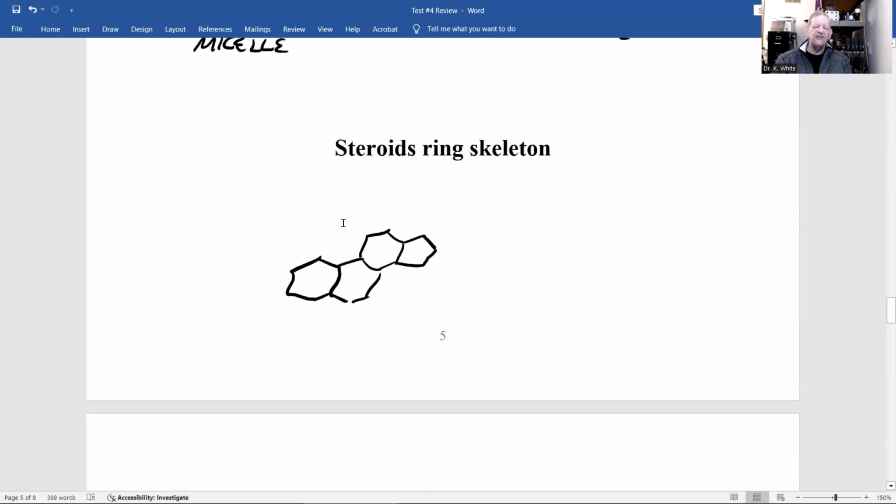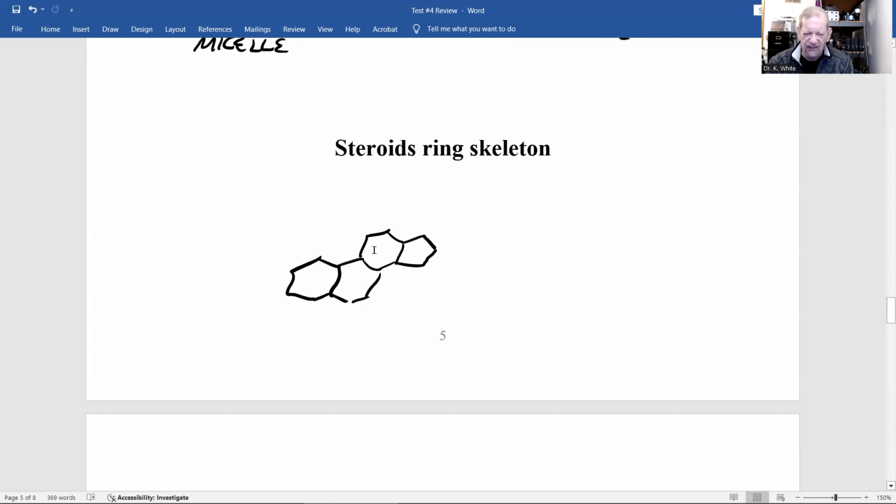Now, next thing I talked about: nonsaponifiable lipids, otherwise known as the steroids. And those are your hormones. They all have this basic fused, that means connected, four-ring skeleton. And you should know how to draw it. You have a 6-membered ring. Next to it is a 6-membered ring.